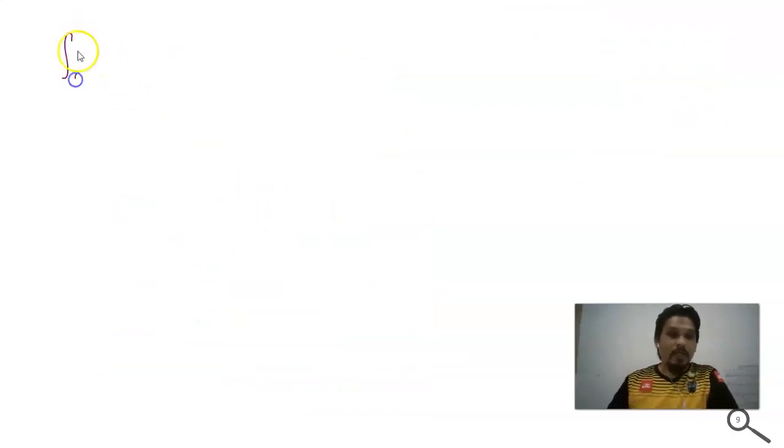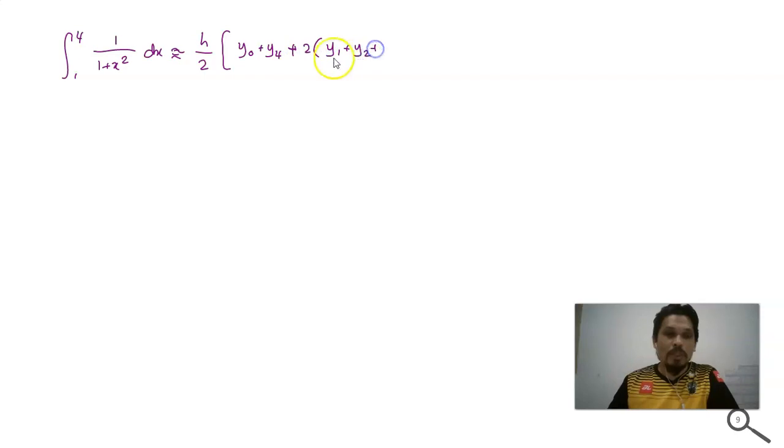Next, the integral from 1 until 4 of 1 over 1 plus x squared dx equal to, now it's time for us to use the formula h over 2, y0 plus yn, plus 2 times y1 plus y2 until yn minus 1, and n here is 4, so n minus 1 is y3. So what's the value of h just now?